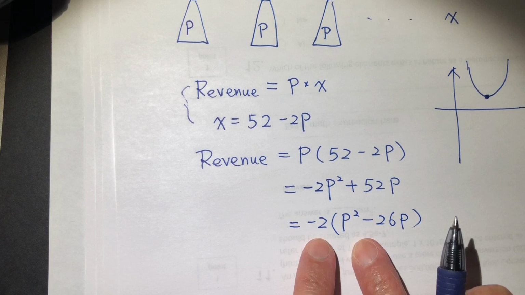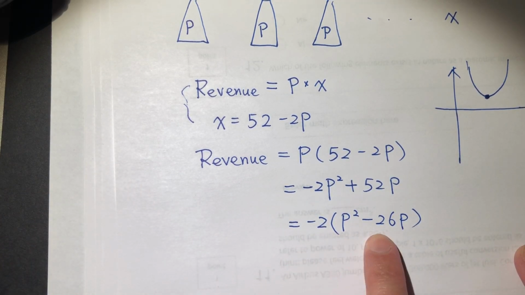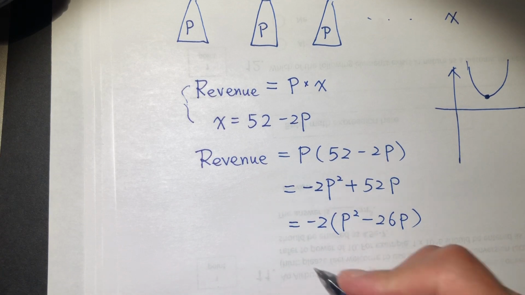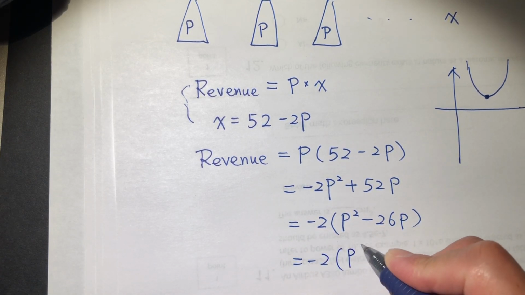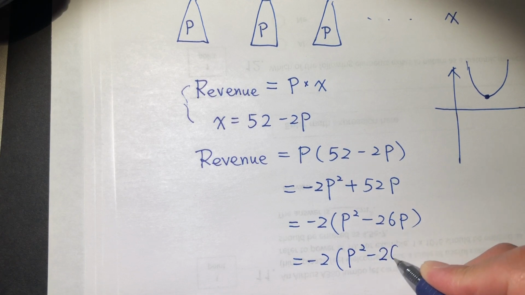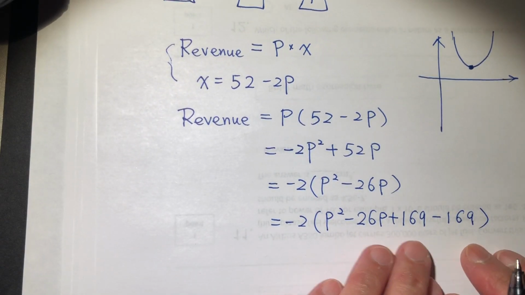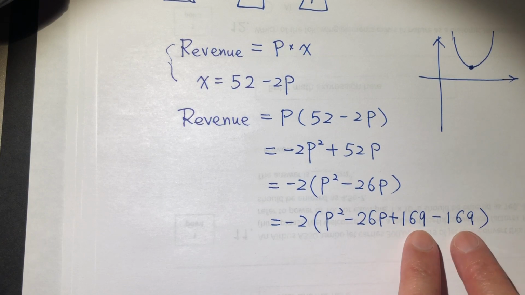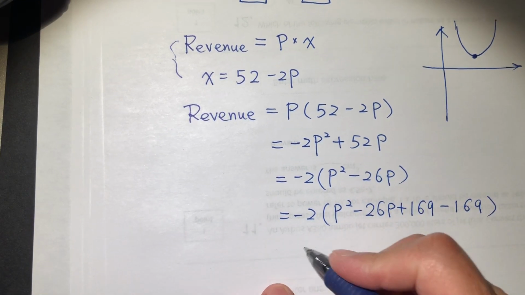Right? I made an equivalent change. I didn't change a word or a number. They are the same. And negative 2 times P squared minus 26P plus 169 minus 169. I write it down so that you understand. I add a number and then I subtract a number. I didn't change anything, right?